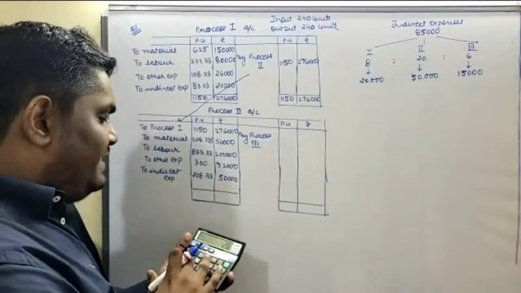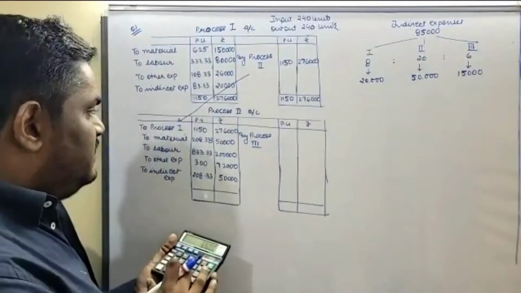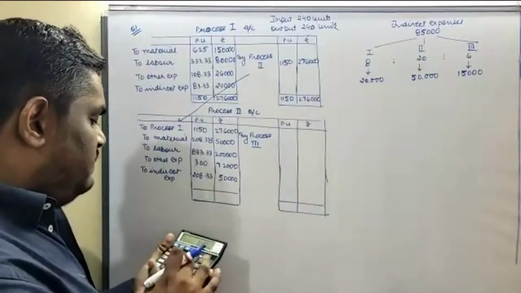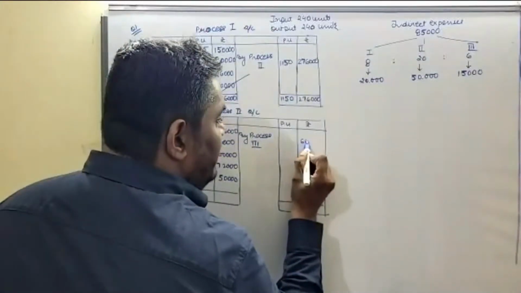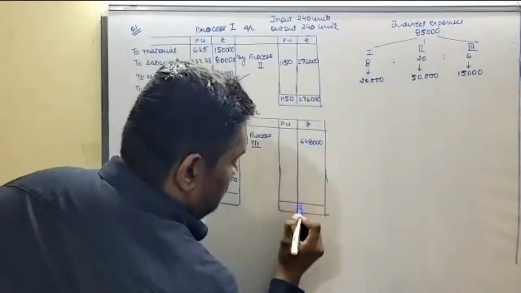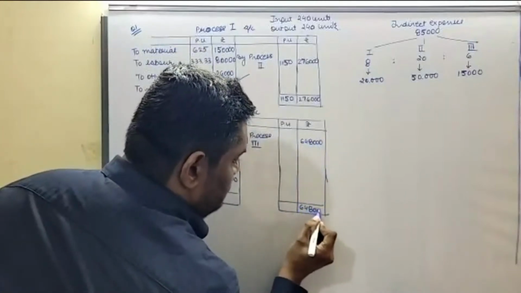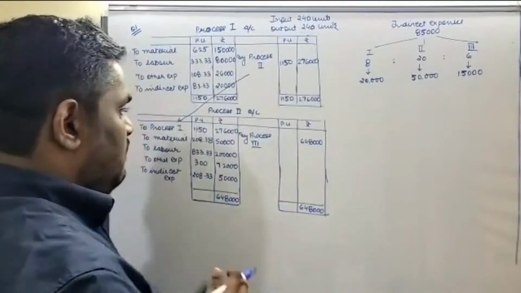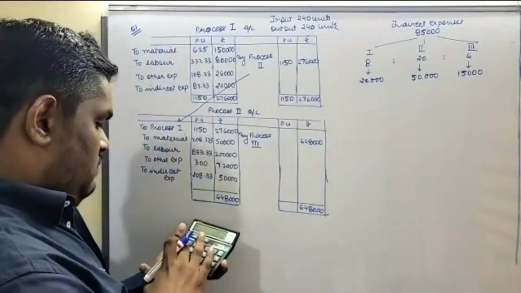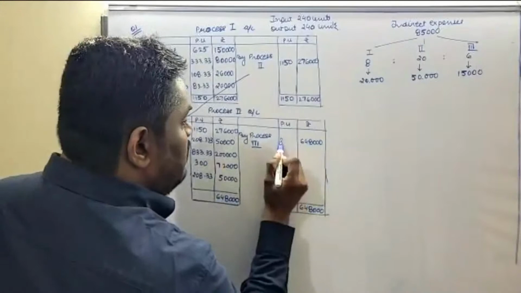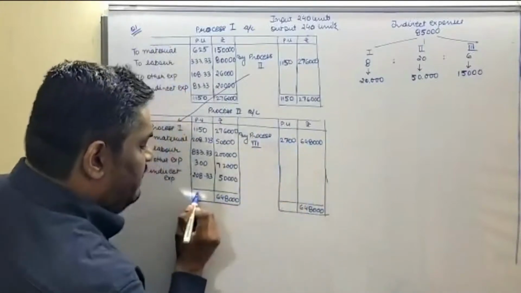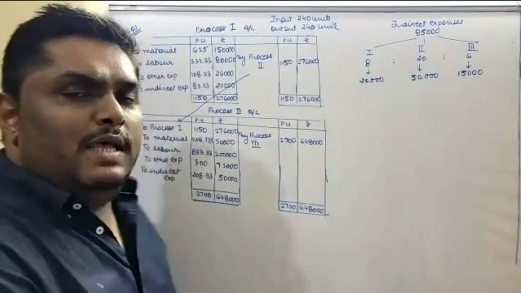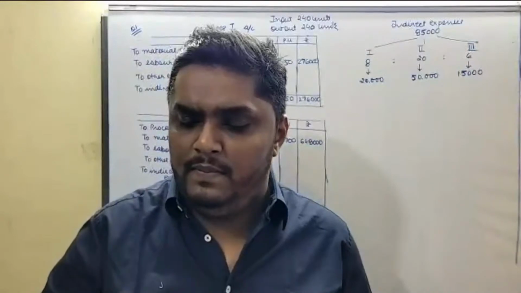So the total is 2,76,000 plus 50,000 plus 2 lakh plus 72,000 plus 50,000. So this will be 6,48,000. So the total cost per unit till date is 2,700. So this is how process second account is prepared.